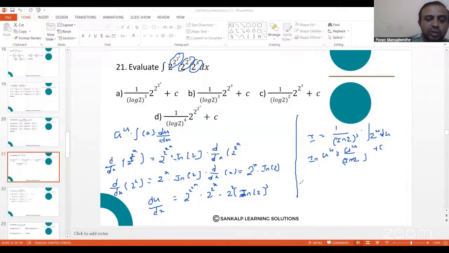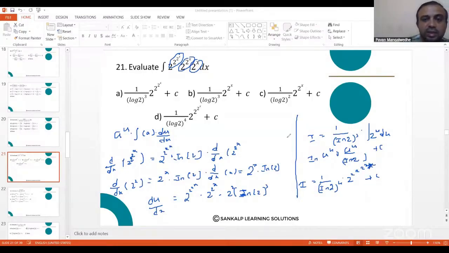So using this condition, I is equal to 1 upon the integration of 2 raised to 4, or the integral of 2 raised to 2 raised to 2 raised to 2 raised to x, 4 times. Oh, sorry, it is 3 times, because it is 1, 2, 3 times, plus c if you calculate.